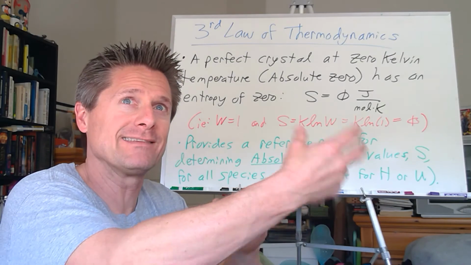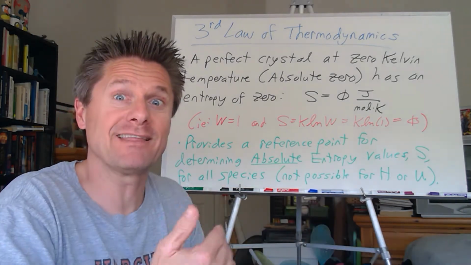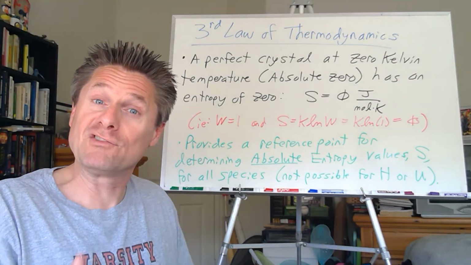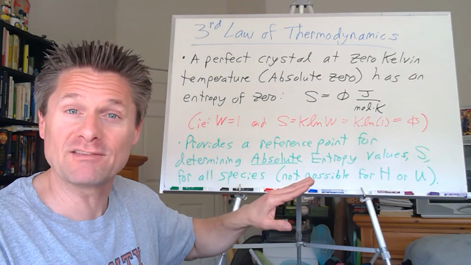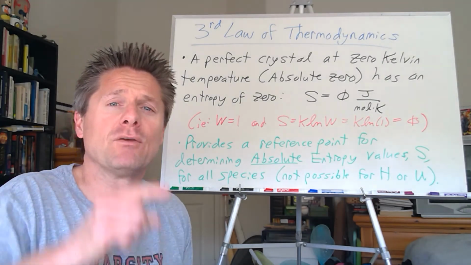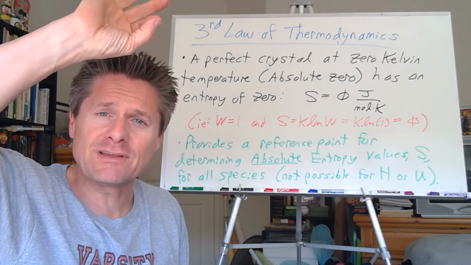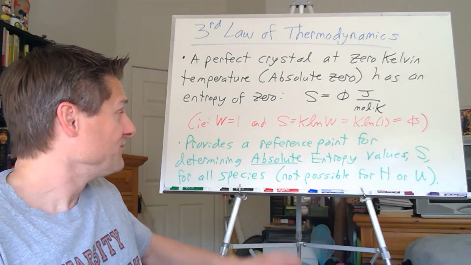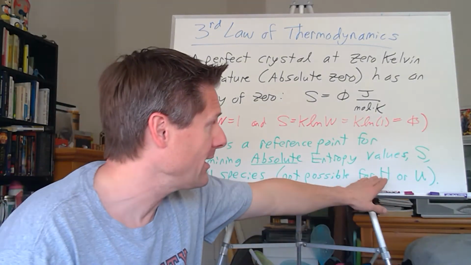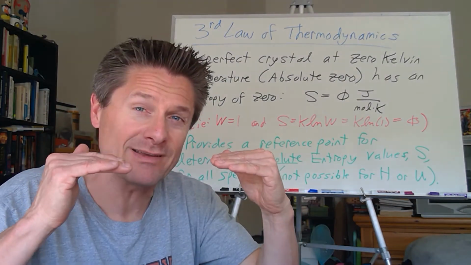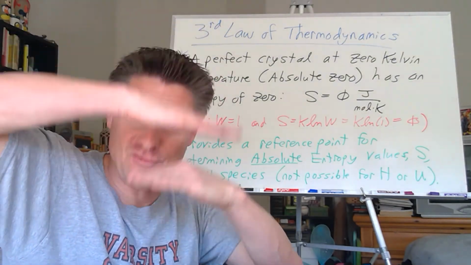So final is the entropy at the state we're at, minus the initial, which would be 0, that means the change is the absolute entropy for that substance. So if you look in Appendix D or any thermodynamic tables, you'll see lists of absolute entropy values. Hey, pretty cool. Again, that is not possible for enthalpy or internal energy. We are not able at this point to get values for a specific state, but we could get the change between two states.